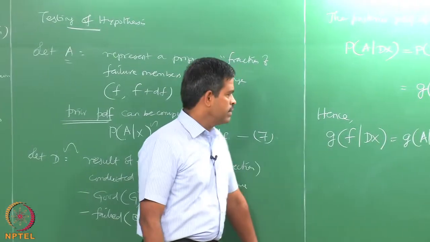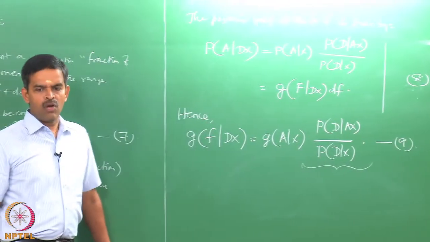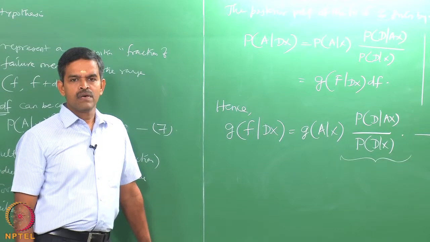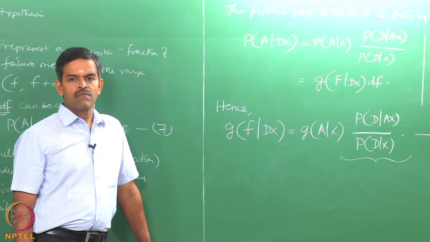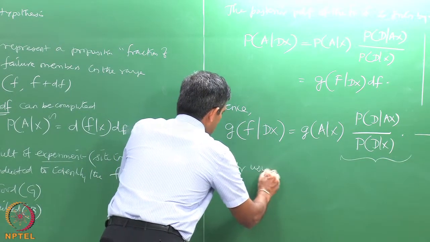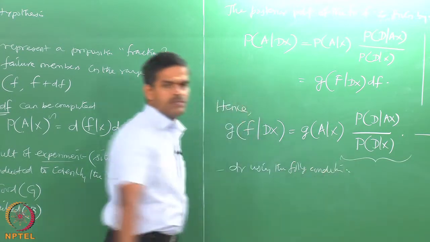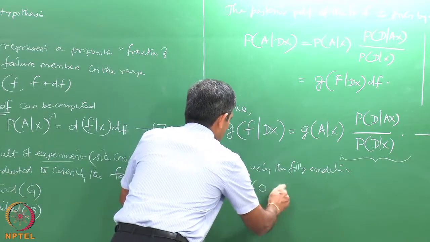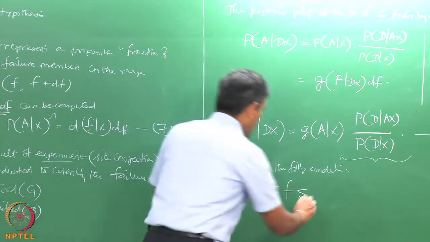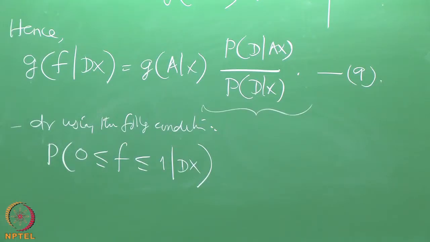In equation number 9, you can see the denominator is actually a normalizing constant which can be computed directly. We can also determine the denominator using the following condition: P of 0 less than f less than 1 given dx, because I am checking the probability that it is either failed or safe.